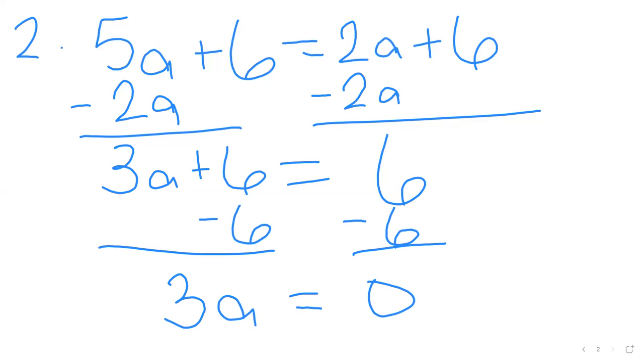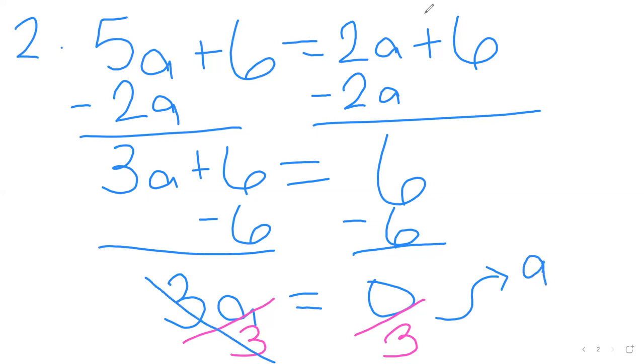And finally, we're going to divide both sides by 3 here. 0 divided by any number is going to give us 0. Come over here with our solution. A is on the left because we have effectively canceled or divided it on the left, and it equals 0.